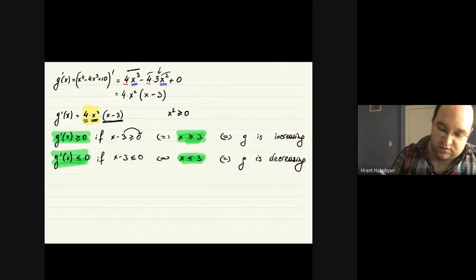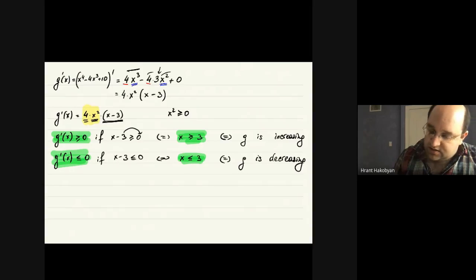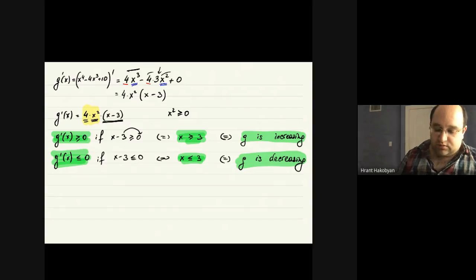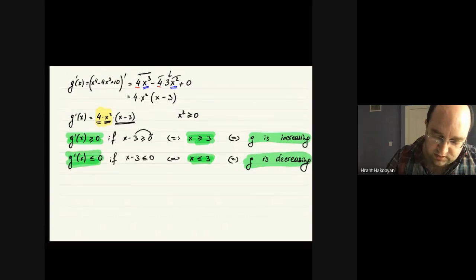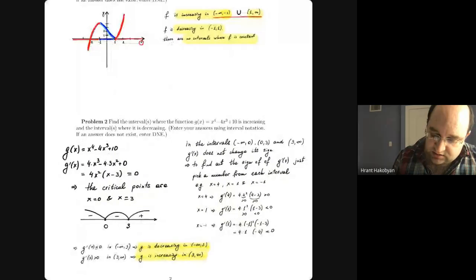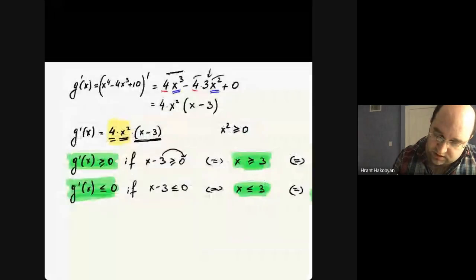So g is increasing when x is greater than or equal to 3, and decreasing when x is less than or equal to 3. I think in the problem they ask you to write the answers using interval notation, and we don't have them in interval notation here.